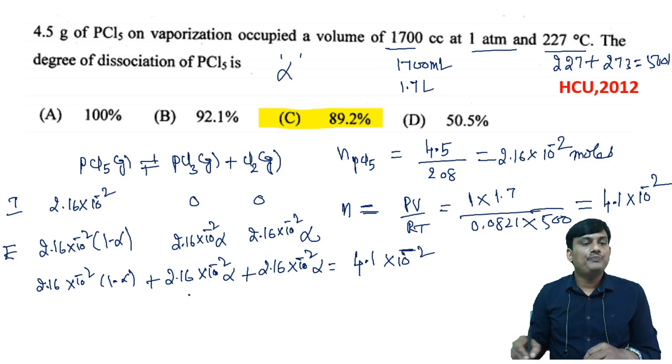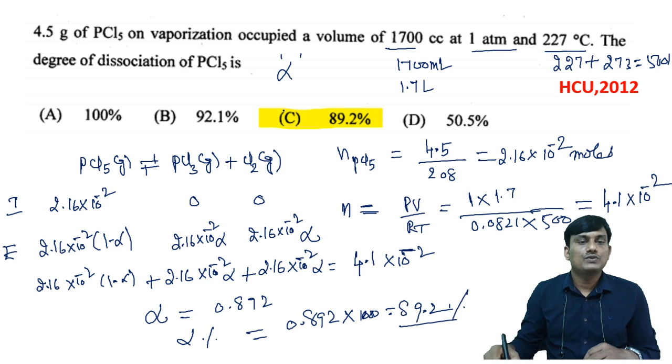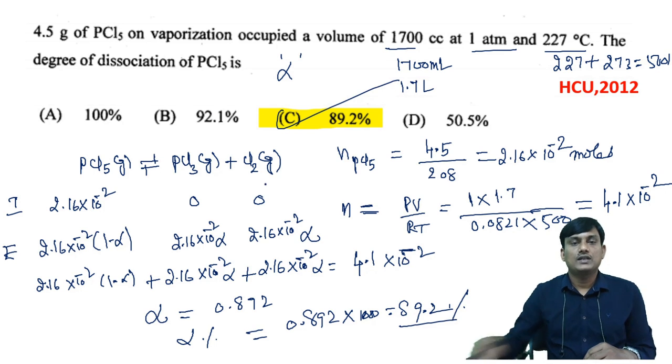When you solve this equation, you will get alpha equal to 0.892, a fraction. Then the percentage of alpha is 0.892 into 100, so it will be 89.2 percent. So C is the correct option.